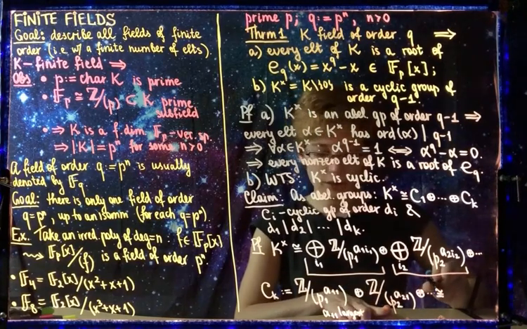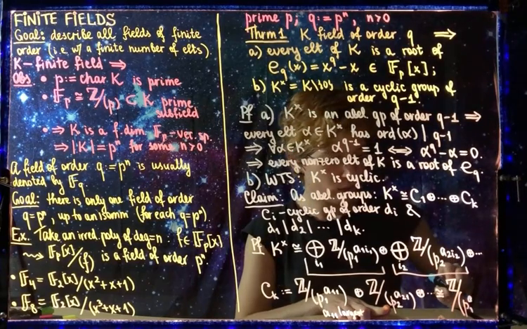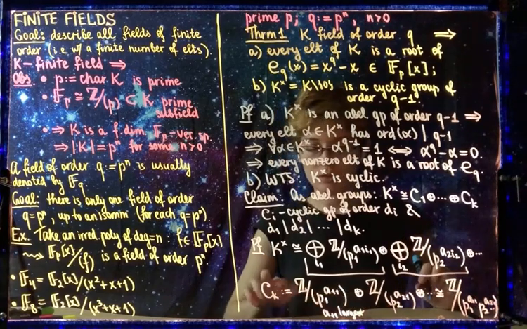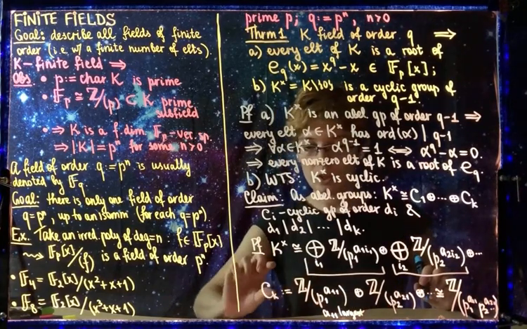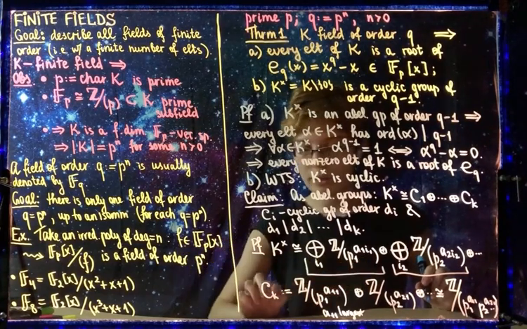So by the Chinese remainder theorem, I get that this is isomorphic to Z mod P1 to the power A11, P2 to the power A21, and so on. And so when we split off all the largest powers of the primes, we get Ck.